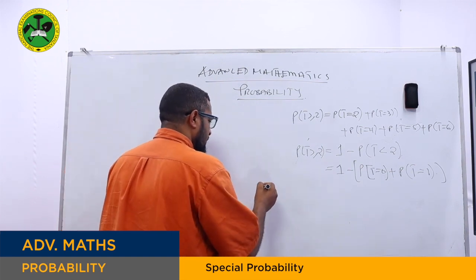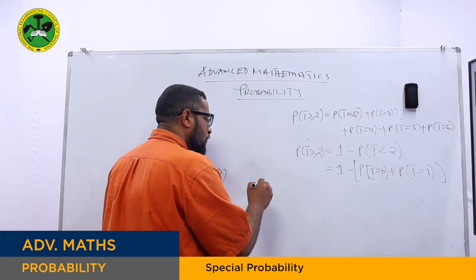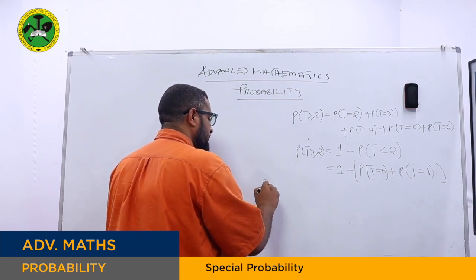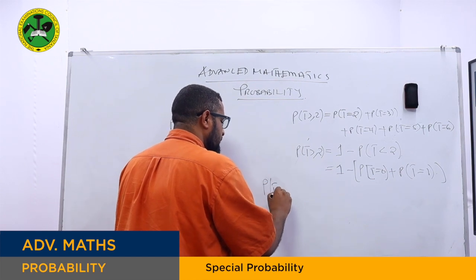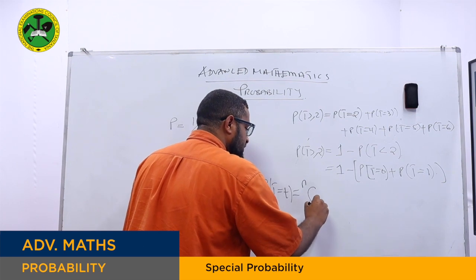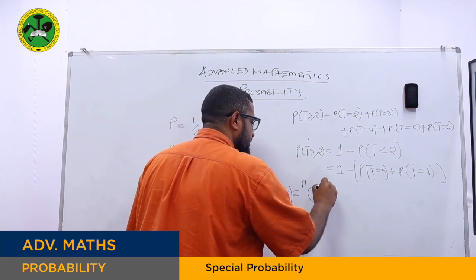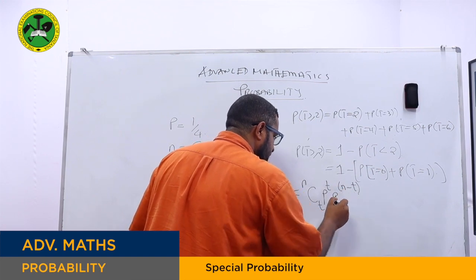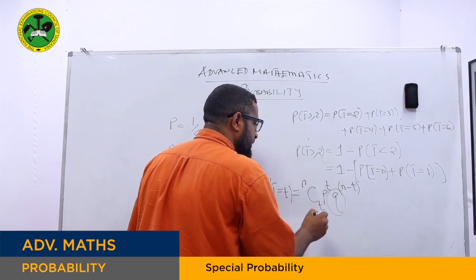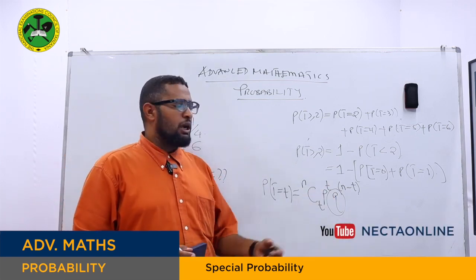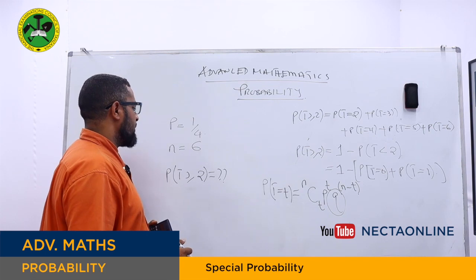Okay. Now, in the formula of finding probability under binomial, we have n combination t, p to the power of t, q to the power of n minus t. We still have to find what is q, so that we can substitute in our formula and then simplify.